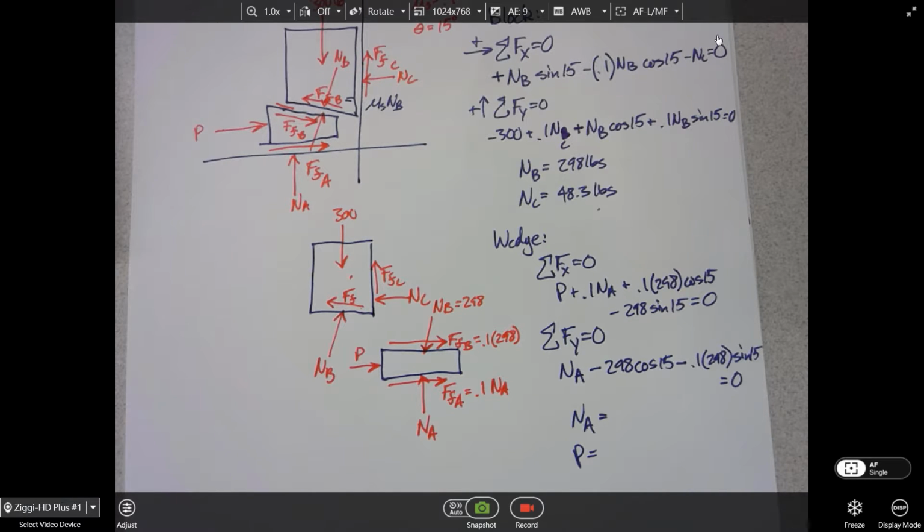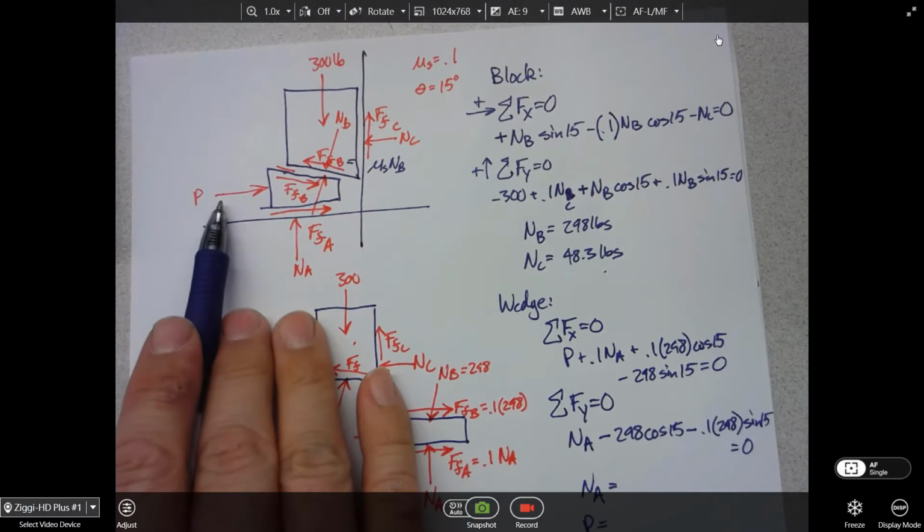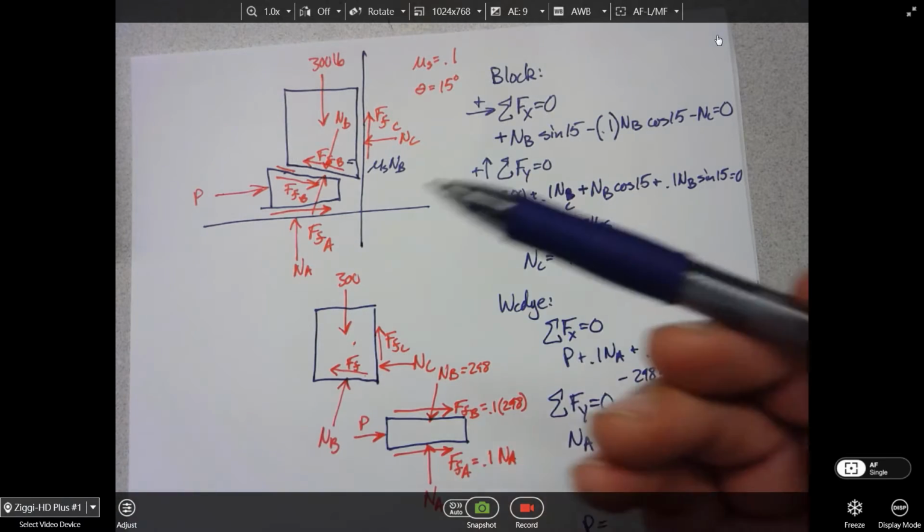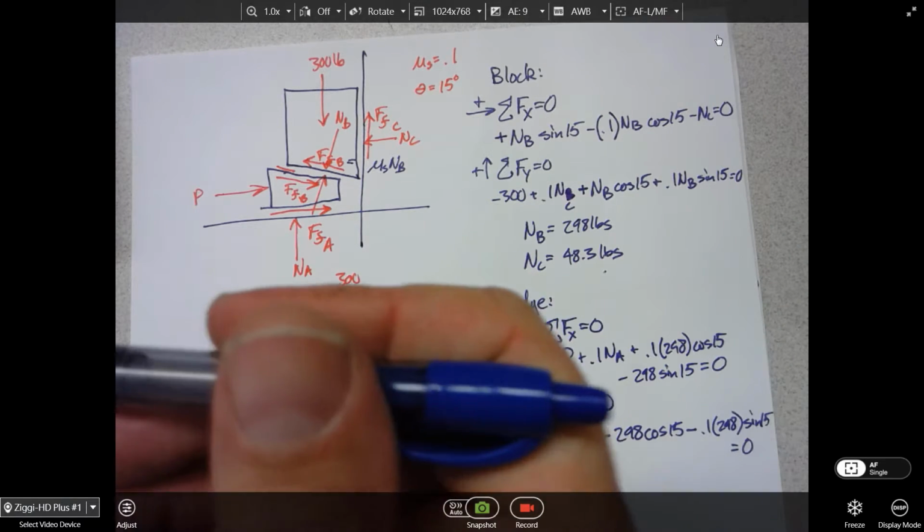So negative is good. A negative value would mean it's self-locking. A positive value would mean that it is not self-locking, that it requires this force P to hold it in place so that it doesn't get spit out. Because how we've drawn it, we've assumed that we're applying a force P, yet it is on the verge of sliding out.